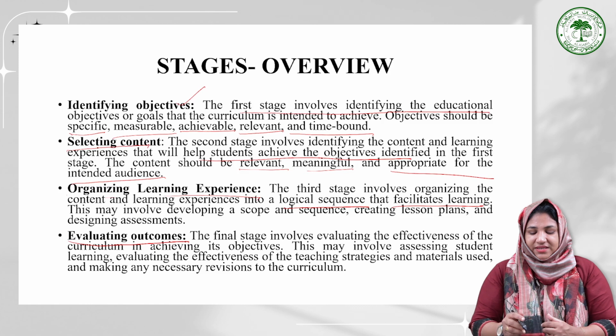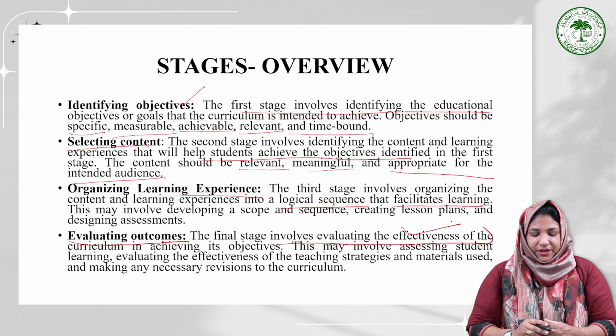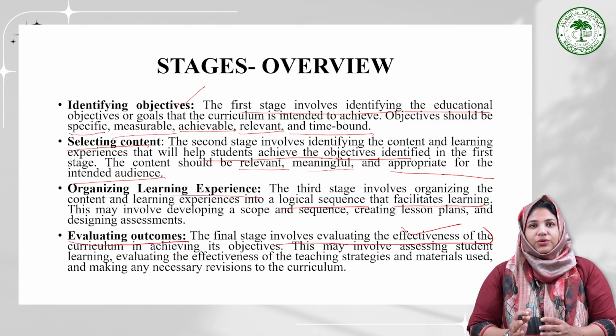Of course, the final stage involves evaluating the effectiveness of the curriculum. Effectiveness of the curriculum can be evaluated with the output, with the outcomes, with the achievement of the student.